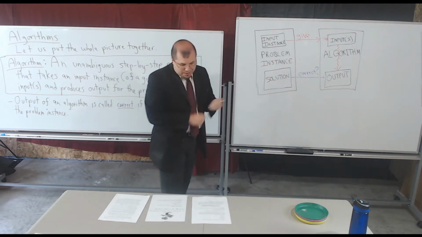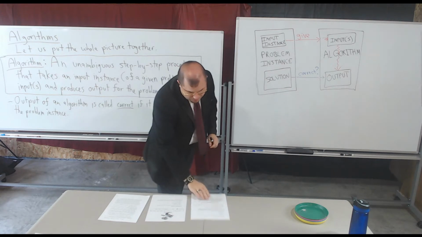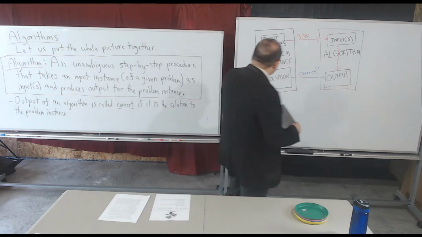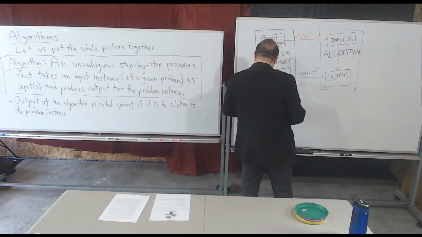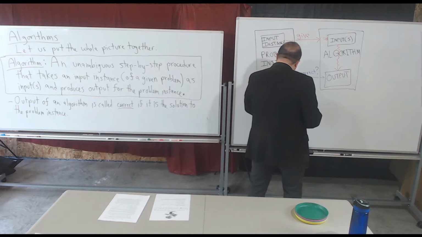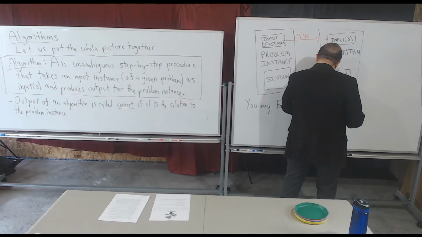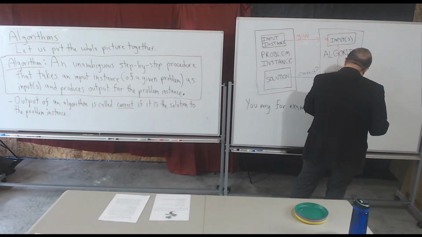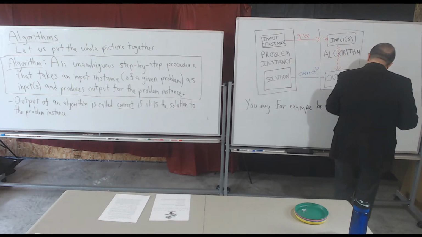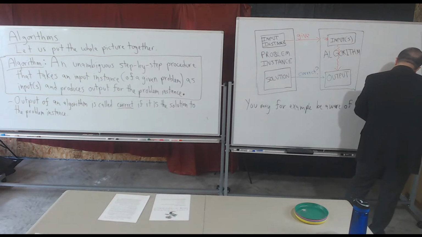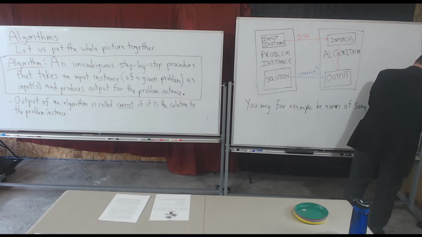So, where exactly are we going to go with this? The big idea here is that you might know some algorithms already. You may, for example, be aware of some algorithms for sorting.